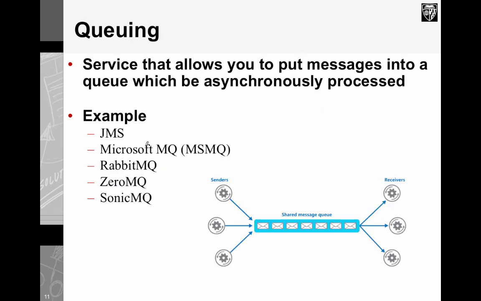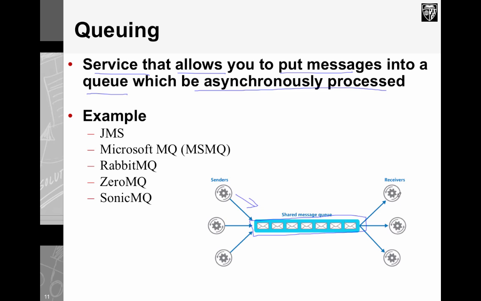Many times your application requires asynchronous business processing. So you need services that allow you to put messages into some kind of a queue which can be processed asynchronously. What you're seeing here is a queue, and you have clients or senders that are putting messages into the queue.